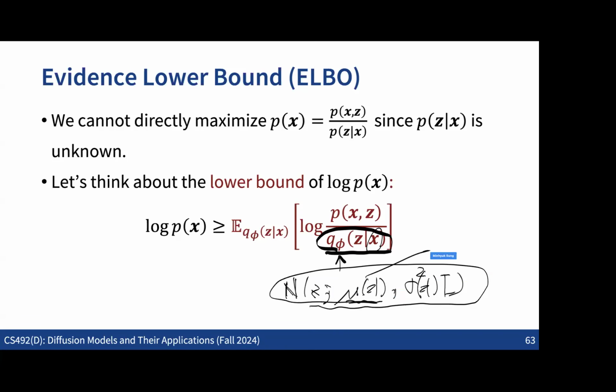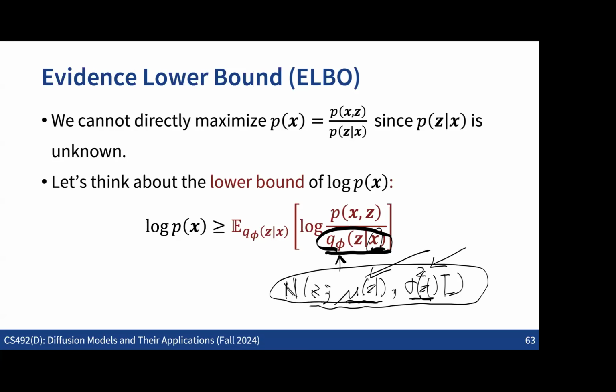Whatever functions you have, you map the given X into the mean and the variance of the normal distribution, and that becomes the proxy distribution. It doesn't matter what the mean and the variance are.